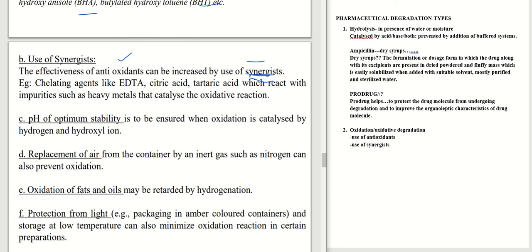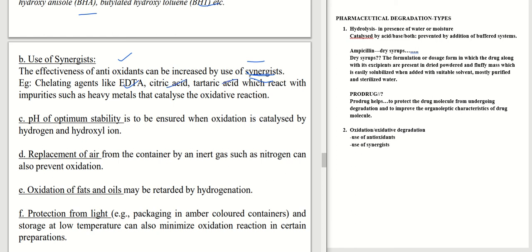Chelating agents are nothing but complexing agents, like we previously discussed with caffeine. Apart from that, we have many chelating agents that are used pharmaceutically. The first one is EDTA, then citric acid, tartaric acid.